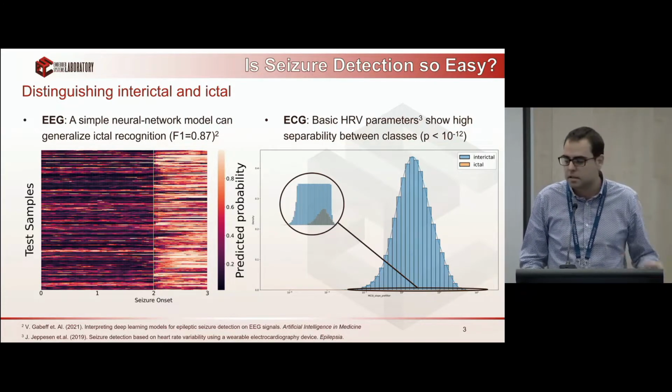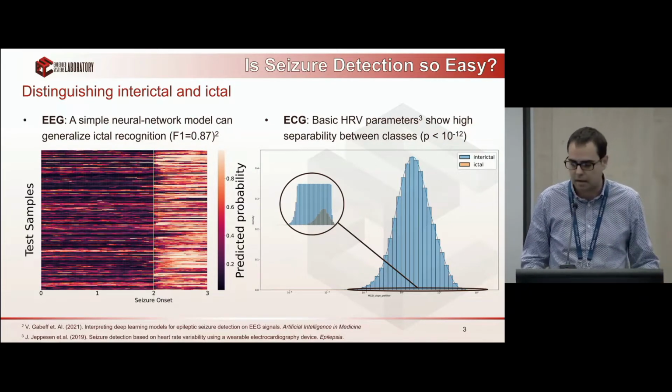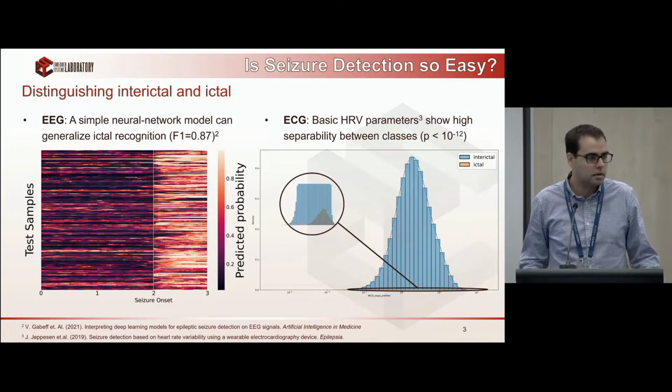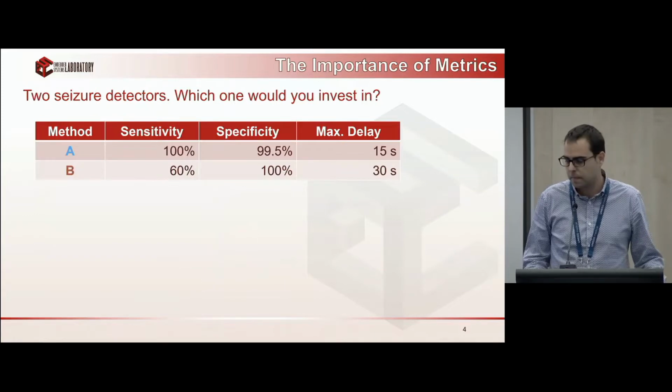I mean, there is no point in which ictal is more prevalent than interictal. And indeed, this is the main issue with seizure detection. It is not difficult from a machine learning perspective, but the class imbalance is the real challenge.